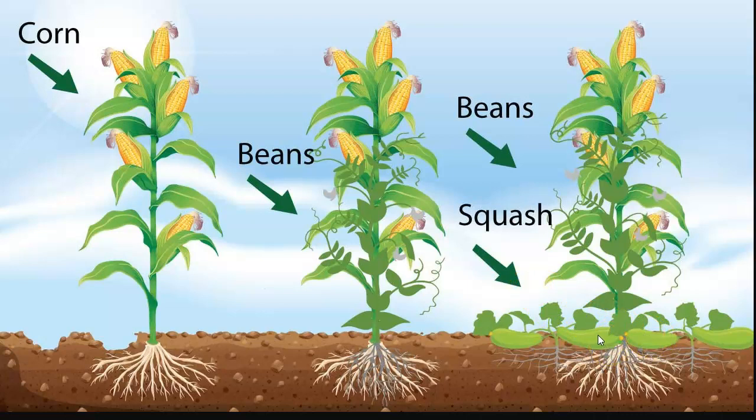They didn't know the chemistry or anything like that. But they knew if you grew corn alone, or beans alone, or squash alone, it was okay, but it wasn't that easy. If you grew them together, the corn grew up, the beans used the corn to grow better, the squash protected the ground and made the corn and the beans grow better. And what they didn't know, because they didn't know anything about chemistry, but they observed, they all grow better together.